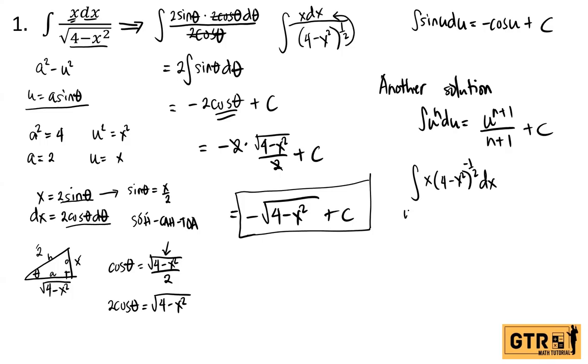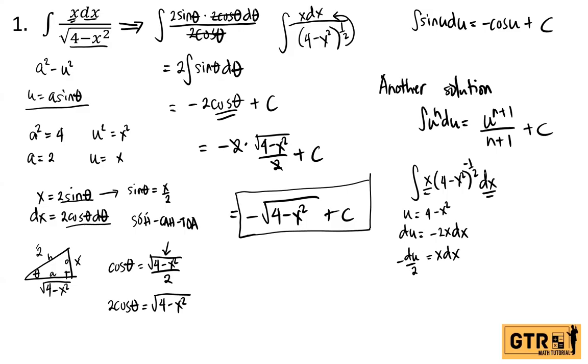Okay, so if we let u is equal to 4 minus x squared, our du will become, derivative of 4 is 0, derivative of negative x squared is negative 2x dx. Okay, so therefore, we have term x dx. So if we solve x dx, that is equal to negative du over 2.